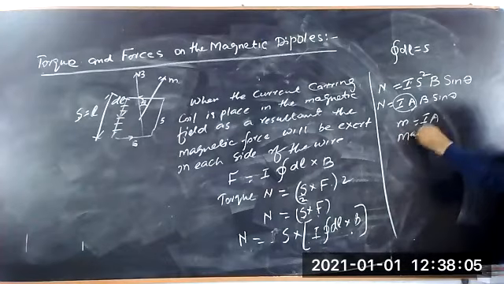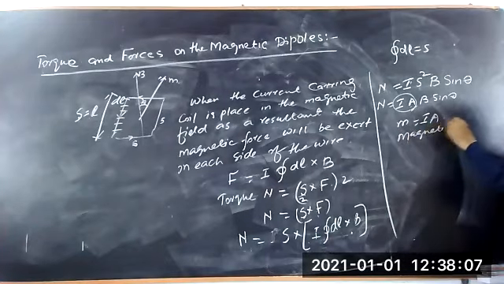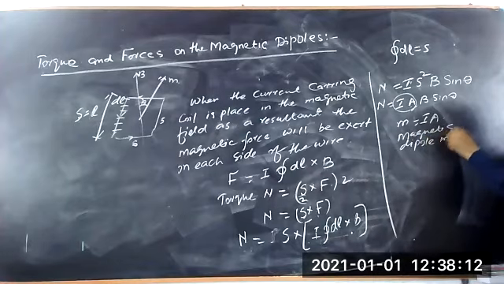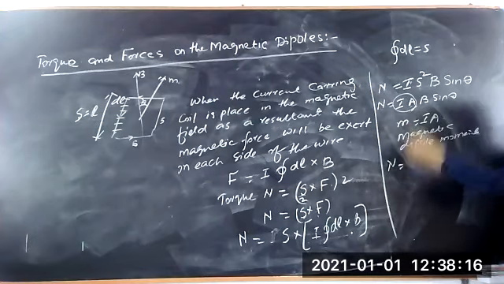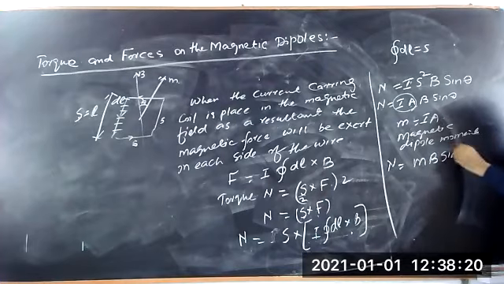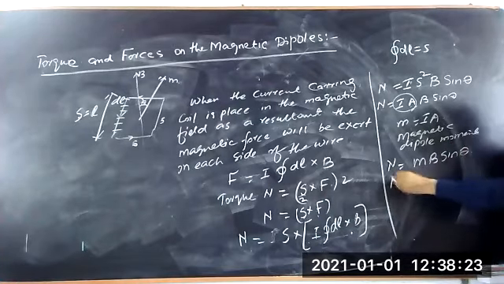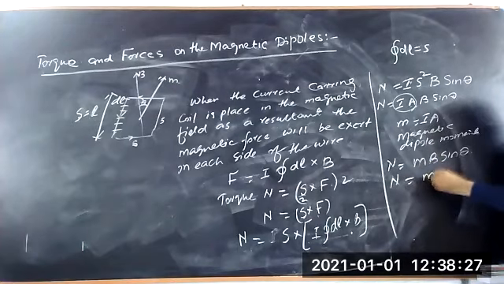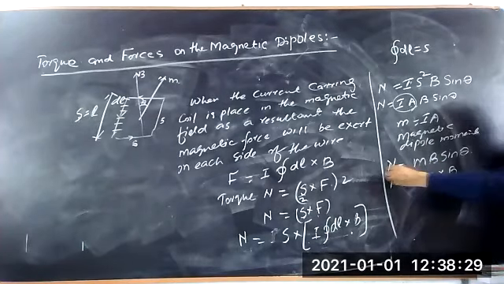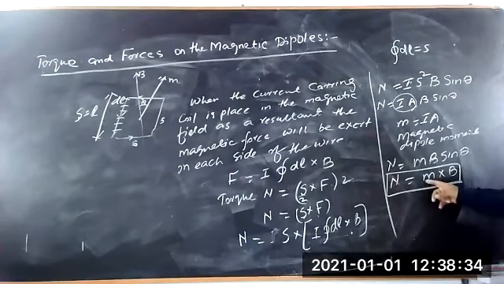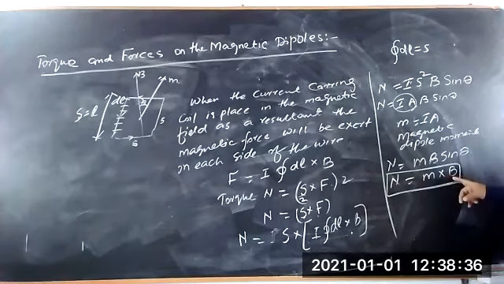So N is equal to M B sine theta, which we write as M cross B. This is the torque, the turning effect.